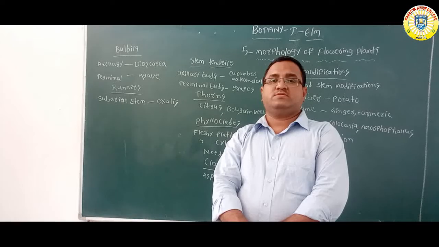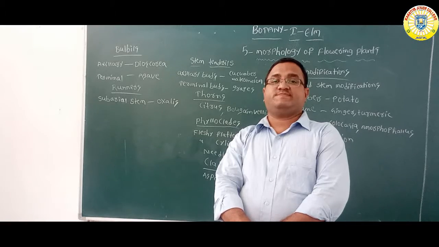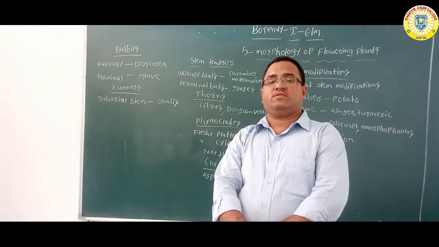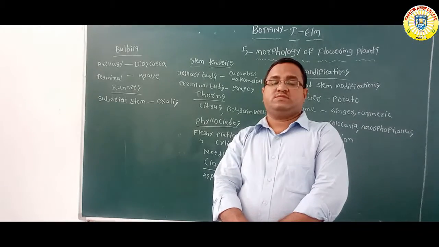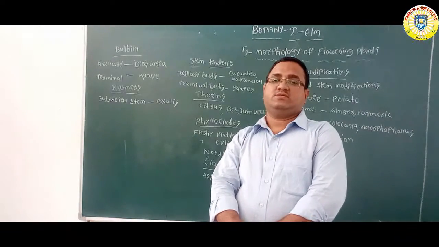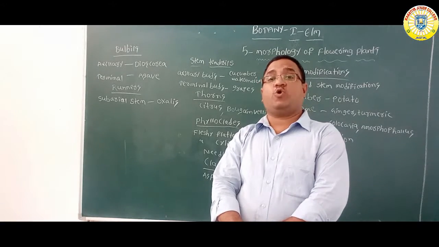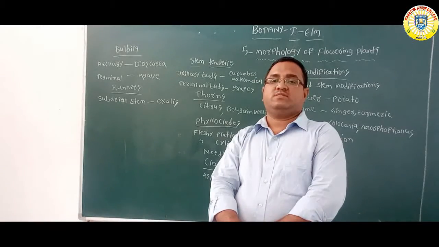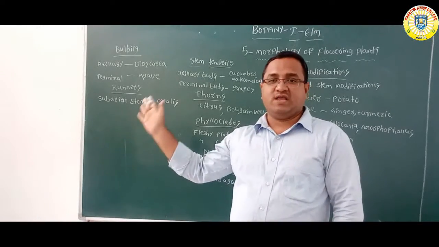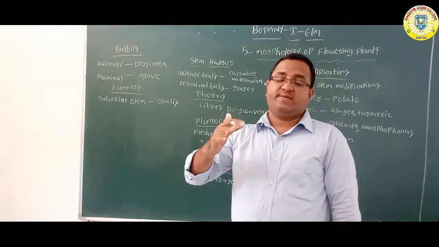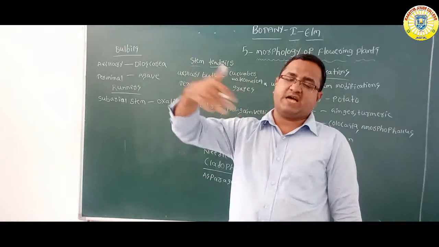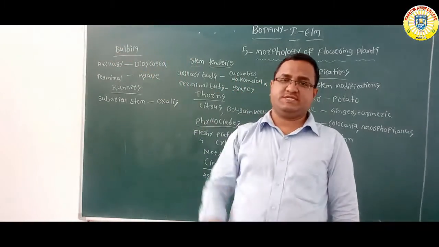Oxalis spreads out branches in new places. New plants are produced whenever the older ones die. So these plants, Oxalis and strawberry, can spread out their branches into new places.